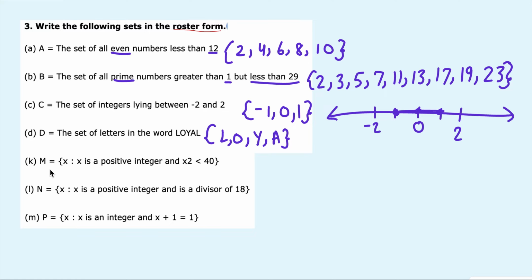Next says set M, and remember how we read this: set M is x such that x is a positive integer and x squared is, I'm assuming this is, less than 40. So we put our brace sign.